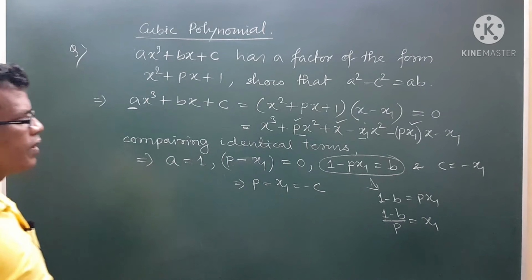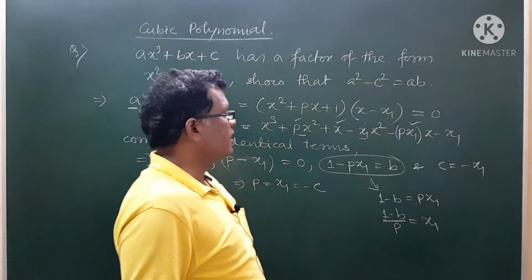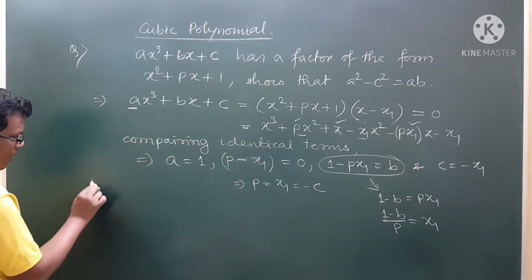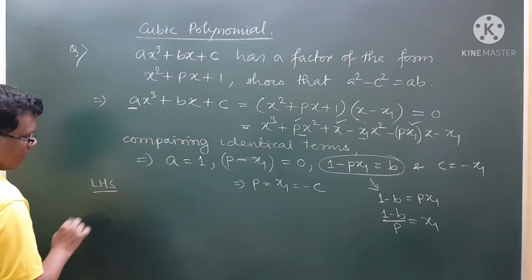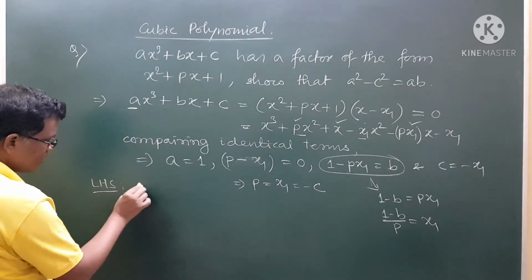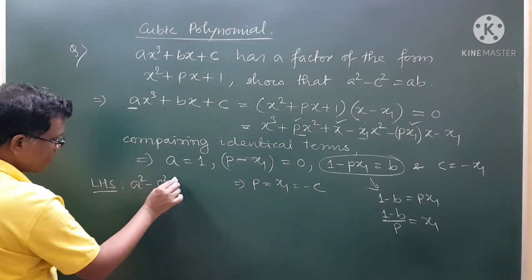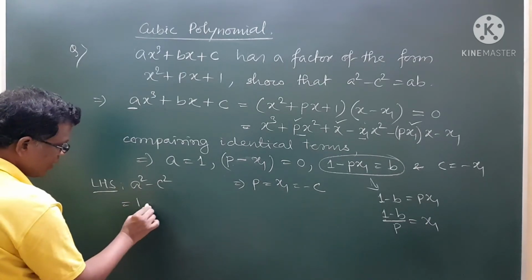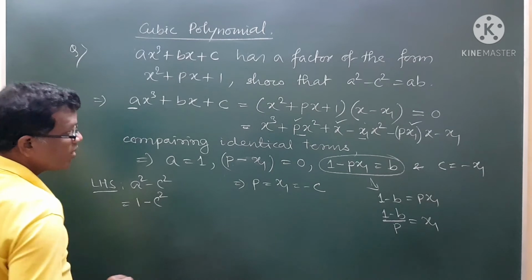Now we have to prove that a square minus c square is equal to ab. A square minus c square, that is equal to ab, correct? So in the proving part, LHS is a square minus c square, so a being 1, it is 1 minus c square.